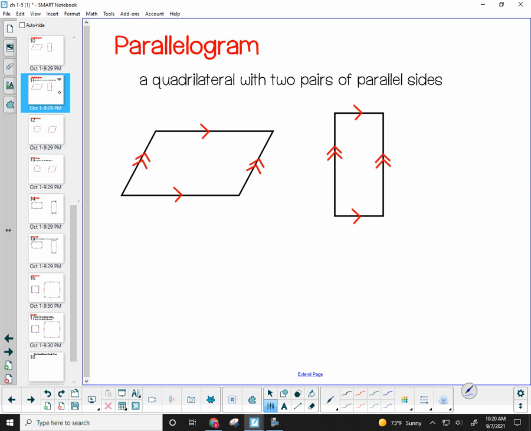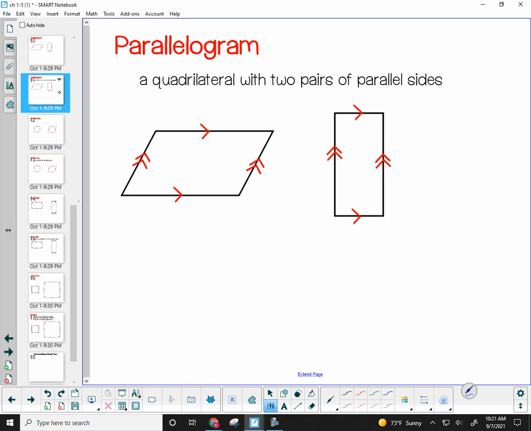Those properties happen because you have two sets of parallel lines. We're going to talk about all those properties, but you need to understand what makes a parallelogram a parallelogram. It's just that it has two sets of parallel sides. Questions about parallelograms?